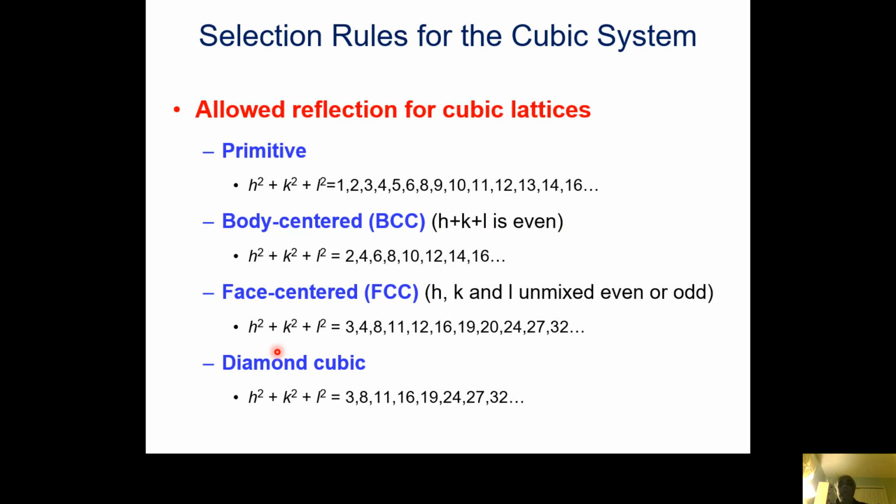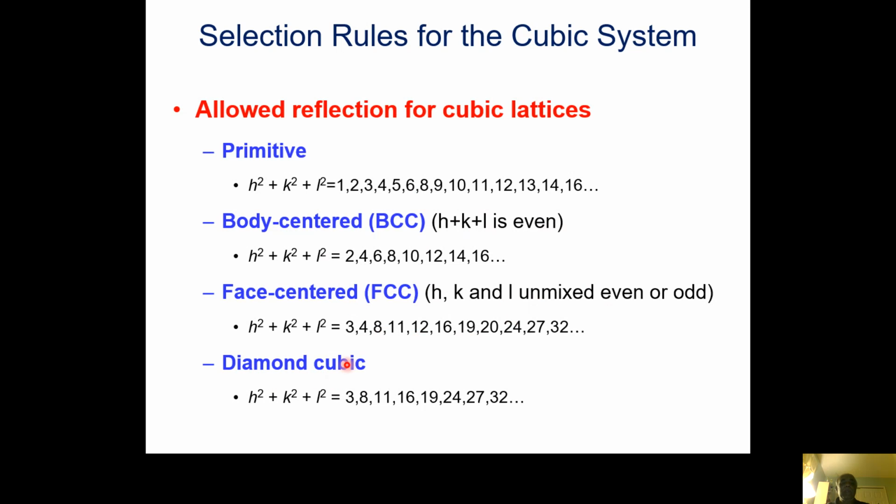You can have 2, 0, 0, that's all even, so if you square, you get 4. Also you can have 1, 1, 1, that's all odd, so if you square all of them, you get 3. Then 2, 2, 0, and 2, 2, 2 as well. These things you need to remember.